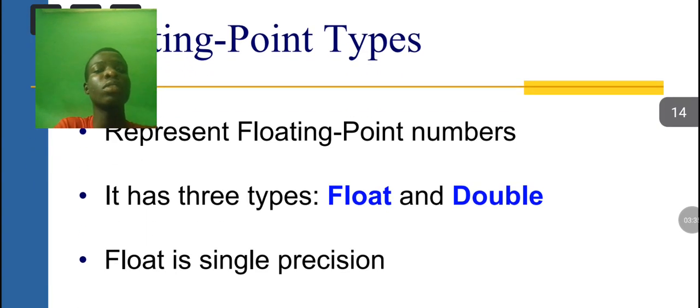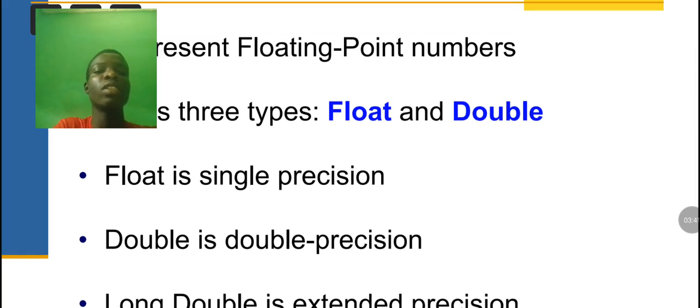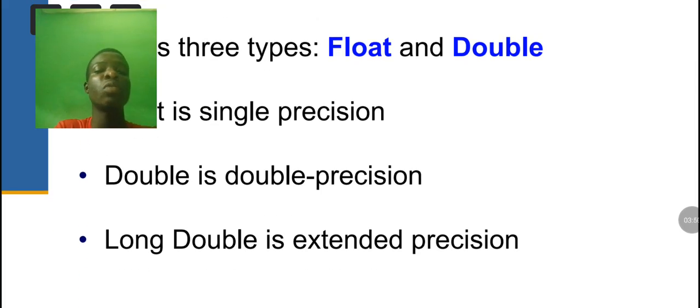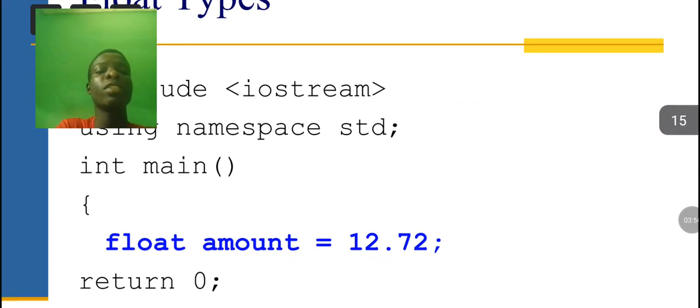So for float, as I said earlier, for floating point numbers we have float and double. Float is single precision, which means it uses a 32-bit word to represent a decimal number. Double precision uses a 64-bit word to represent a decimal number. For float, the maximum number of decimal digits is 6 or 7.